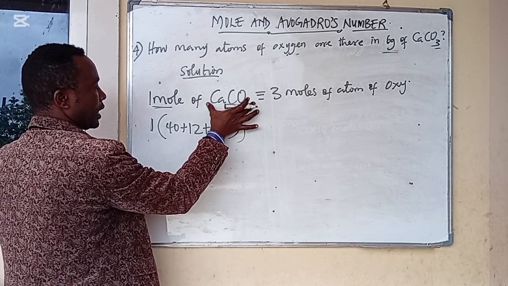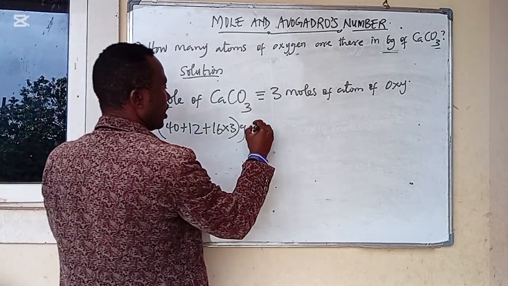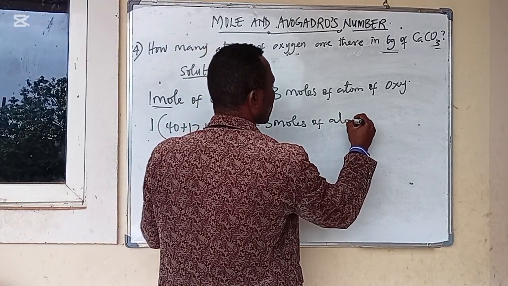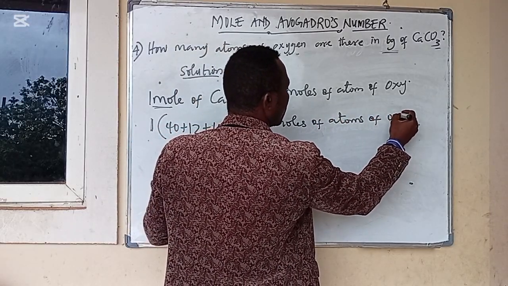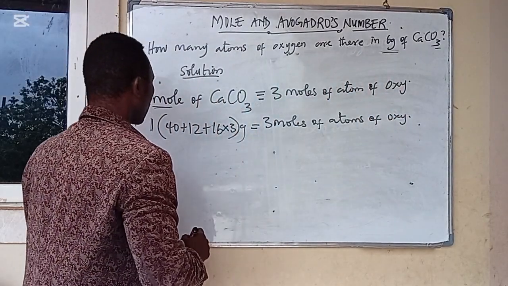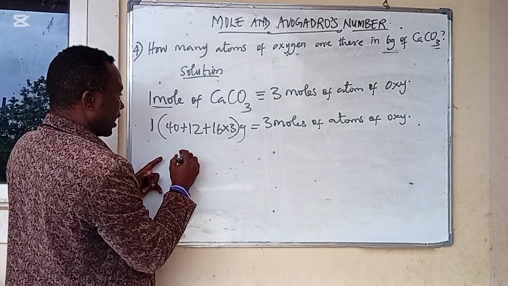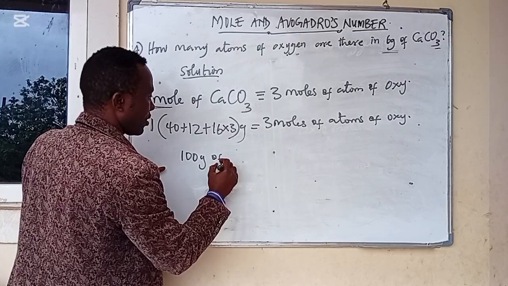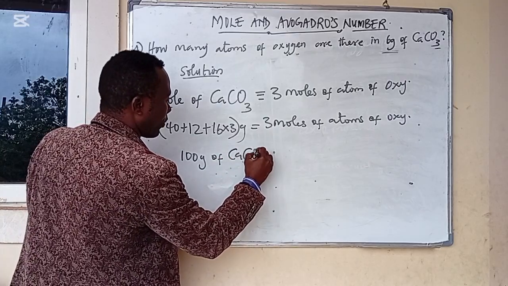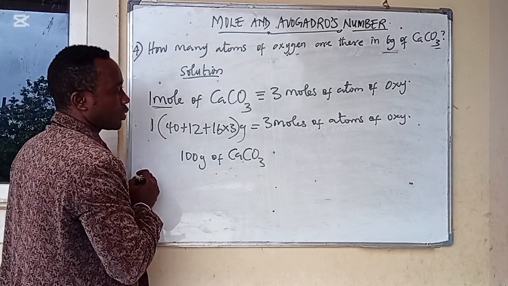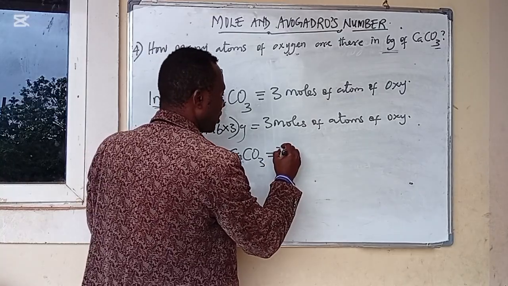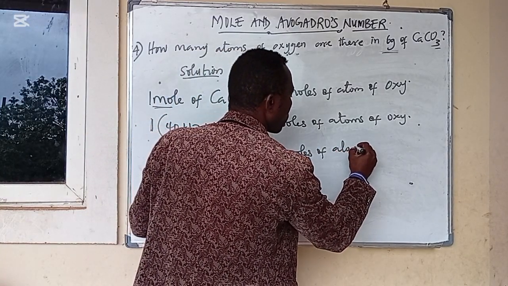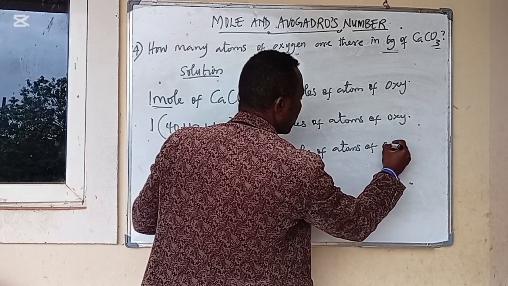1 times the molar mass of this will give you 3 moles of atoms of oxygen, right? If you calculate this, you get 100 grams of calcium carbonate, calcium trioxocarbonate 4, will give you 3 moles of atoms of oxygen.